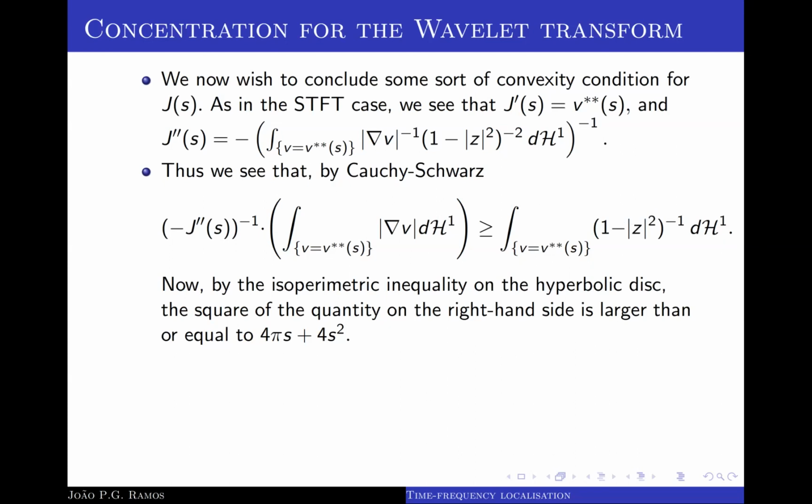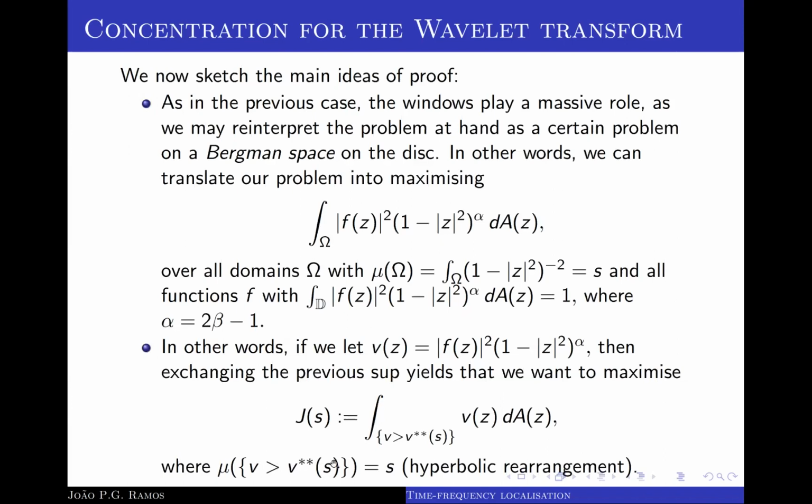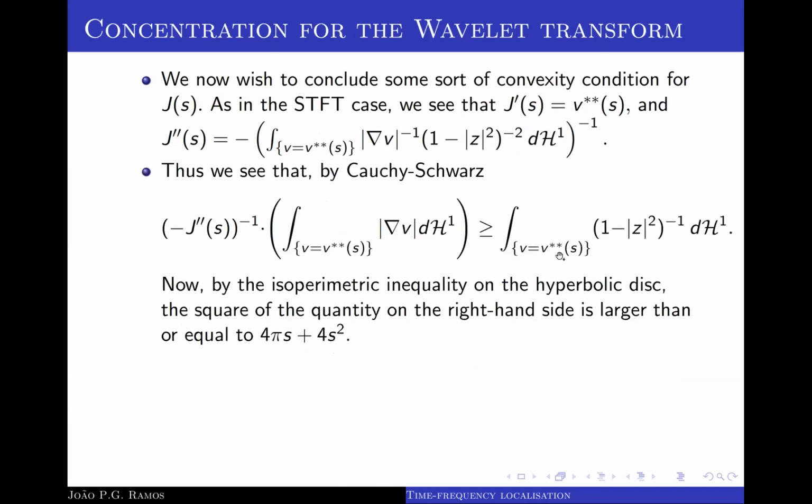And by the isoperimetric inequality on the hyperbolic disk, this last quantity on the right is at least 4 pi s plus s squared, because the set where v is greater than v star star of s has hyperbolic measure equal to s. So we can use the hyperbolic isoperimetric inequality and we get a lower bound for that.